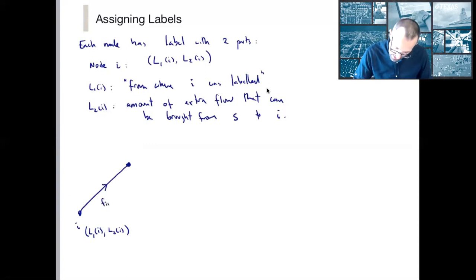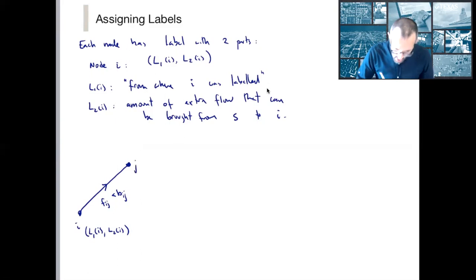So Fij is less than Bij. If the edge is saturated, we don't label. That's why I made the capacity 2/3 instead of 1/2. I'm sorry, if it's a forward edge that's saturated, we don't label. And if it's a backward edge that's empty, we don't label. So as long as Fij is not saturated, it can be 0.